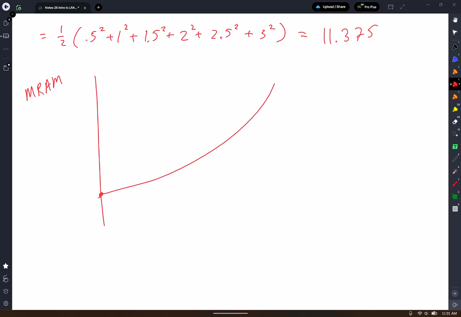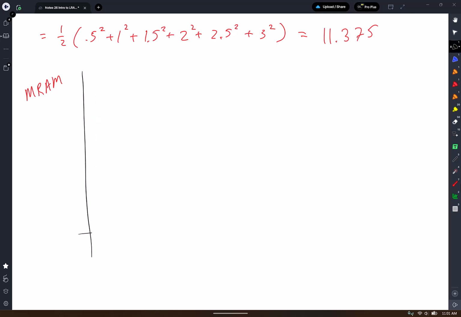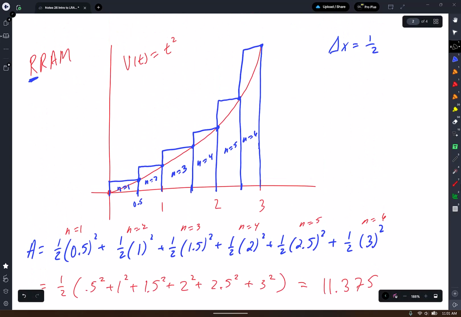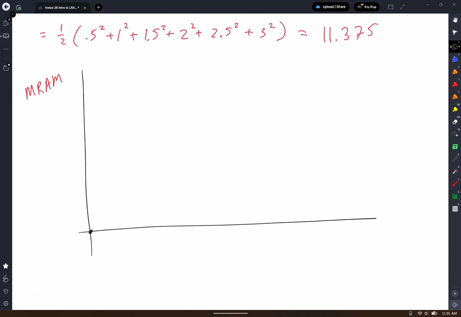RRAM was an over approximation, guys, because notice that every rectangle is above the curve. Now here we go.